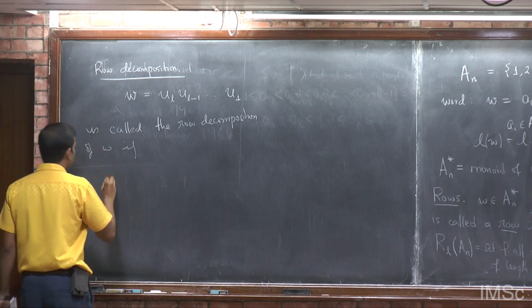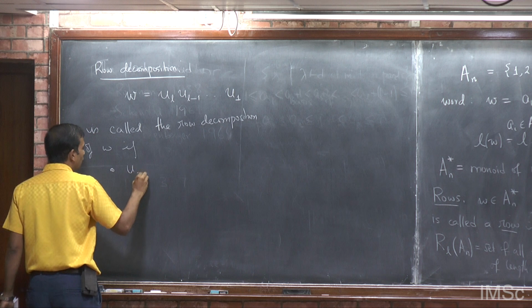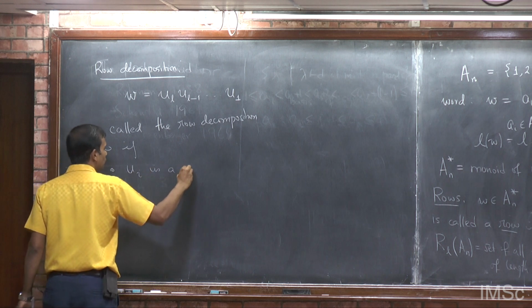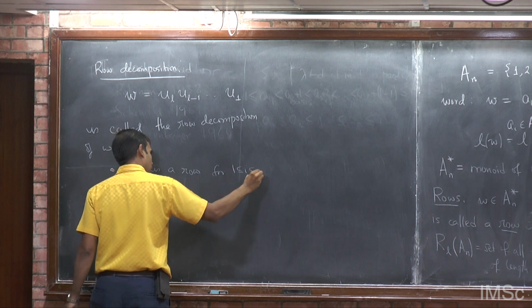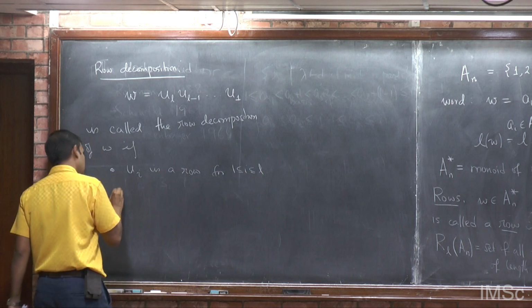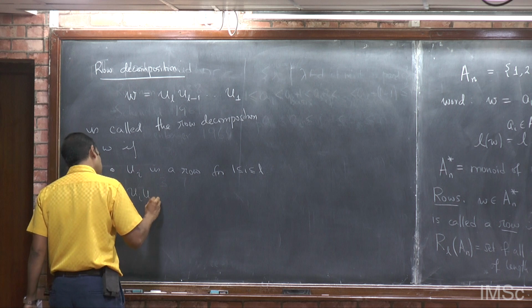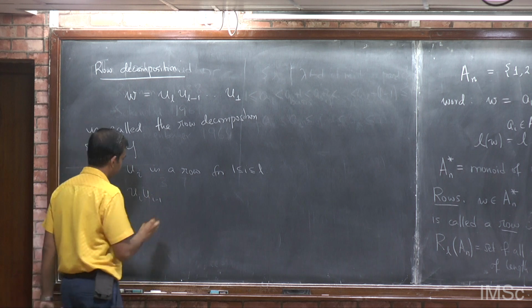If, firstly, Ui is a row for each i, and Ui minus 1 is not a row.